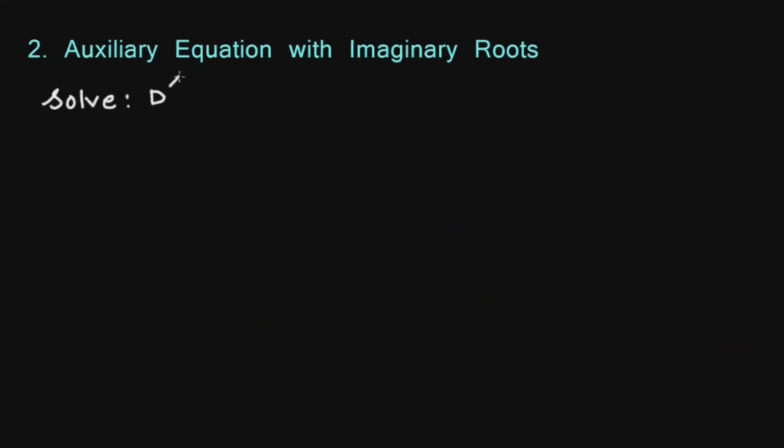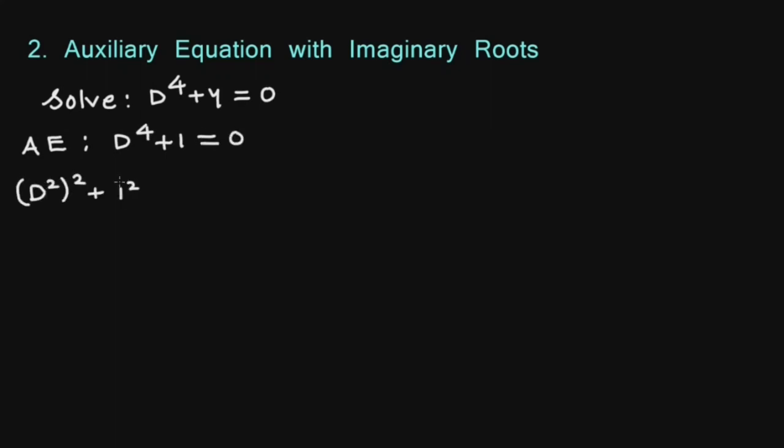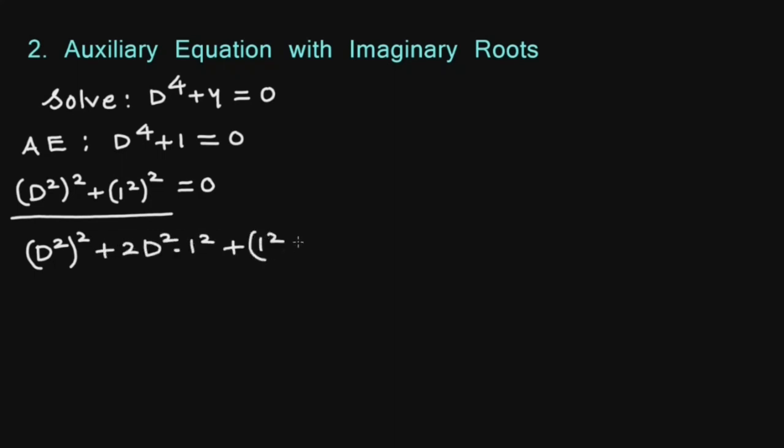Solve D raised to 4 plus 1 equals 0. Auxiliary equation: D raised to 4 plus 1 equals 0. Square of D square plus square of 1 equals 0. By completing the square, the middle term will be 2 D square into 1, plus 1 square minus this 2 D square equals 0.